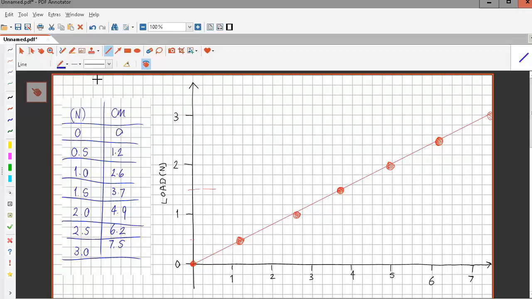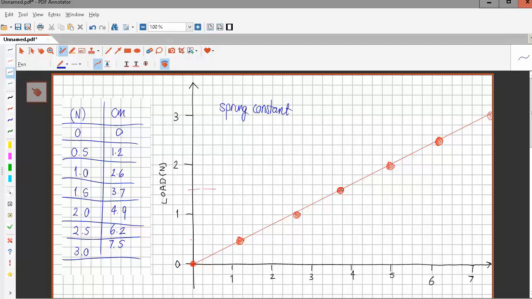The first quantity we want to calculate is called the spring constant. The spring constant is equal to the gradient of the line that we have just drawn. What is the gradient? The gradient is equal to the slope of this line.